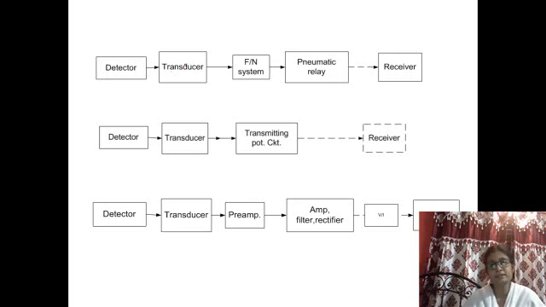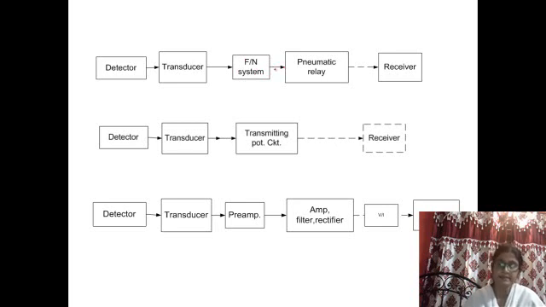The transduced signal from the measuring device is sent to the flapper unit so that the displacement of the flapper nozzle can be changed, and accordingly the nozzle back pressure changes, that is the transmitter output, and that is sent to the pneumatic relay.